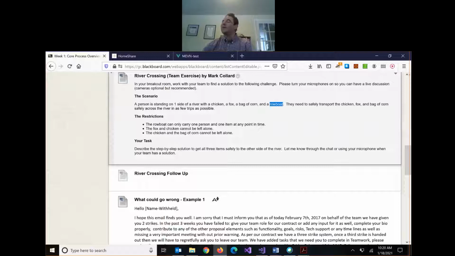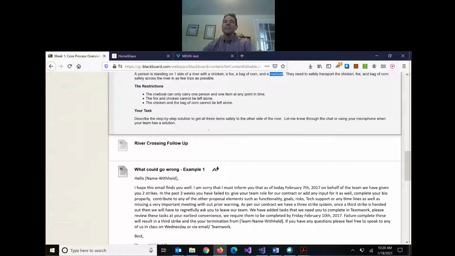Number two, you can't leave the fox and the chicken alone because the fox will eat the chicken. Number three, you can't leave the chicken and the bag of corn alone because the chicken will eat the corn. So as a team, you need to come up with a solution step by step.